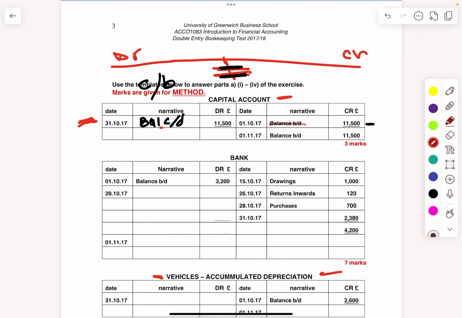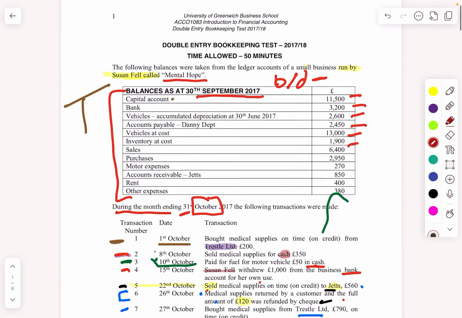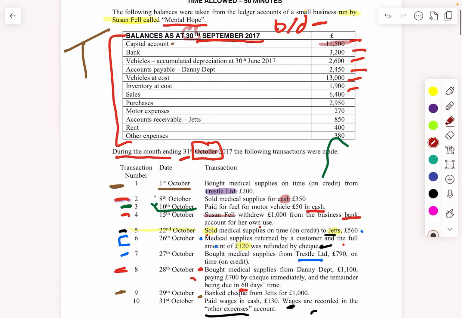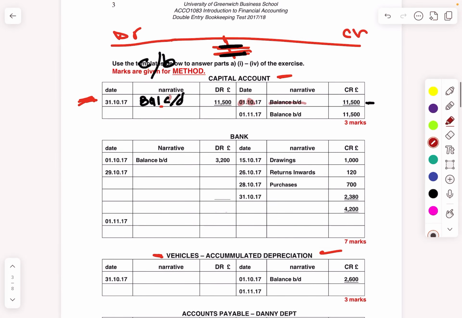But that one is the balance brought down for the month of October. Make sure that you have the number correct. They gave us here 11,000, that was on the end of October, right? Now, when we close, the close was the same. Now, we need to do the balance brought down for the next month.